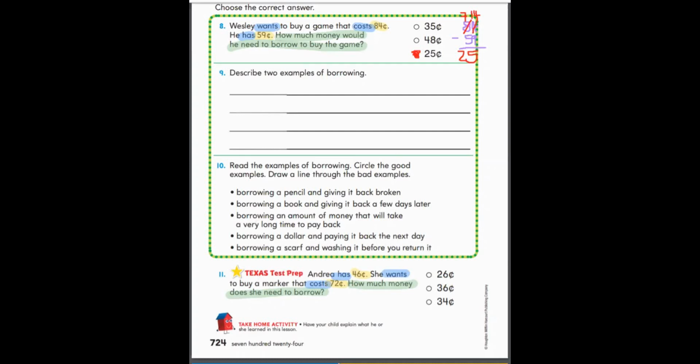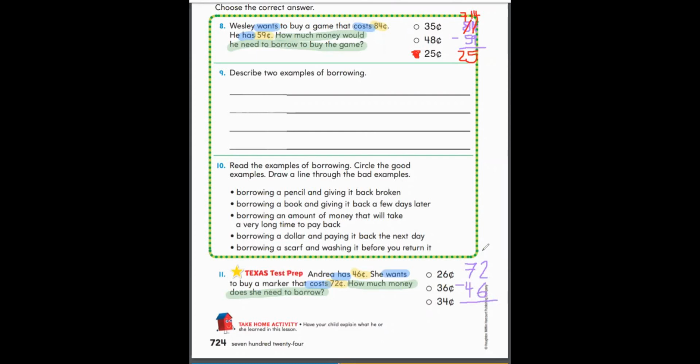We can say that the marker is 72, but she just has 46. So we got to subtract to see how much more she needs. Okay, so can we do 2 minus 6? Or can I borrow 6 from 2?